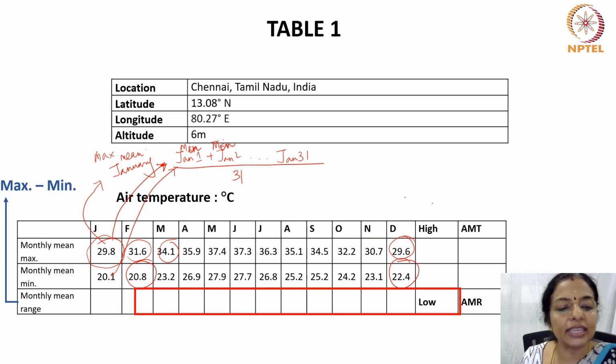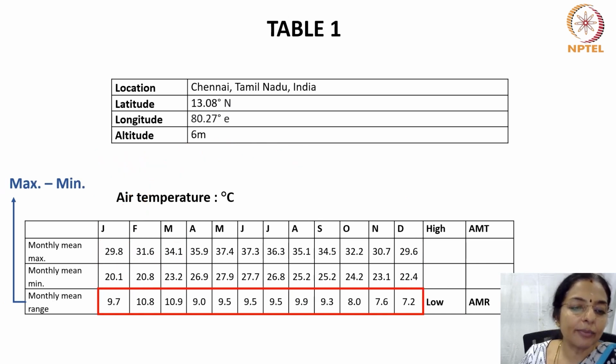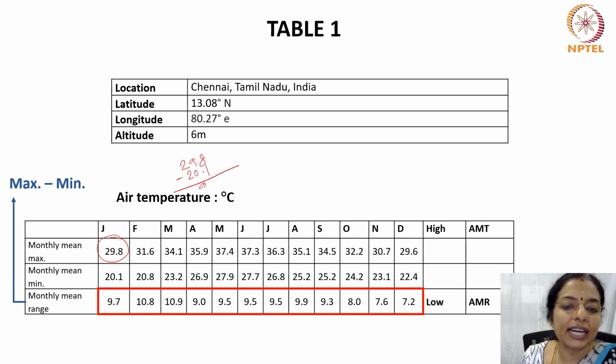What is the monthly mean range? Monthly mean range is the difference between monthly mean maximum and monthly mean minimum, which is, here we have seen the monthly mean maximum is 29.8. The monthly mean minimum is 20.1. The difference is 9.7. That must be entered here.